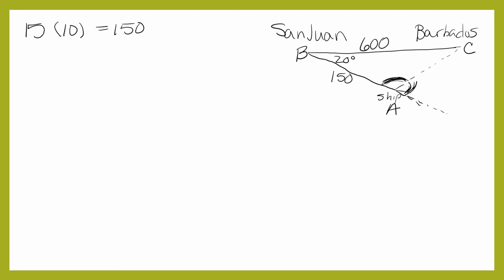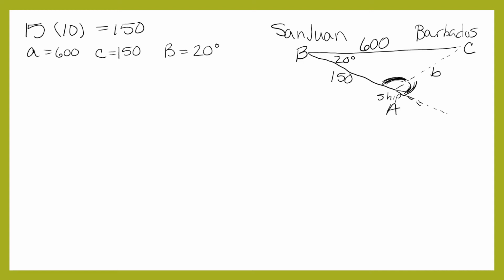I will need the distance from the ship to Barbados, so I'm going to call that b. So a would be 600. b is what I'm looking for. c is the side opposite angle C, that's 150. And I know that angle B is 20 degrees.